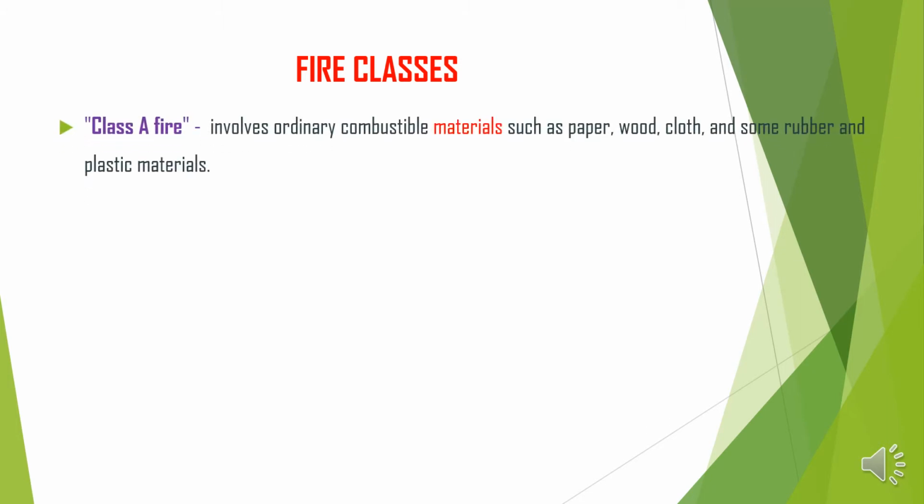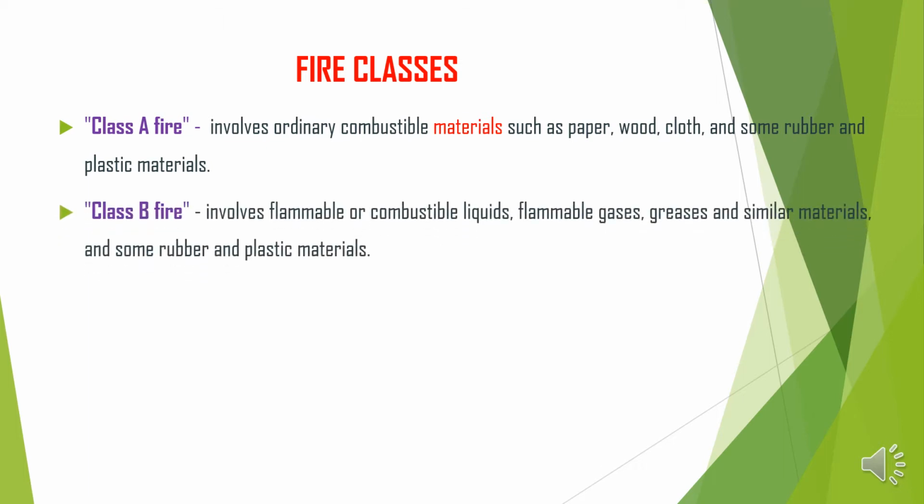What are the classes of fires? Class A fires involve ordinary combustible materials such as paper, wood, clothes, rubber, and plastic materials. Class B fires involve flammable or combustible liquids, flammable gases, greases inside kitchens, and similar materials, and some rubber and plastic materials.